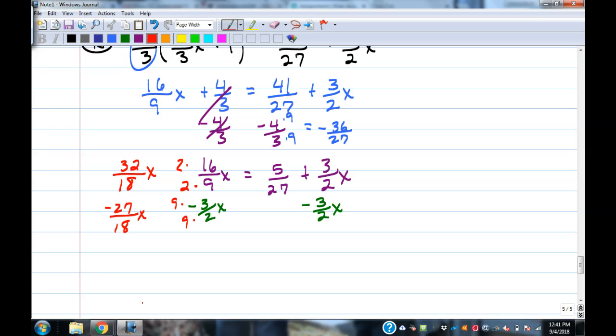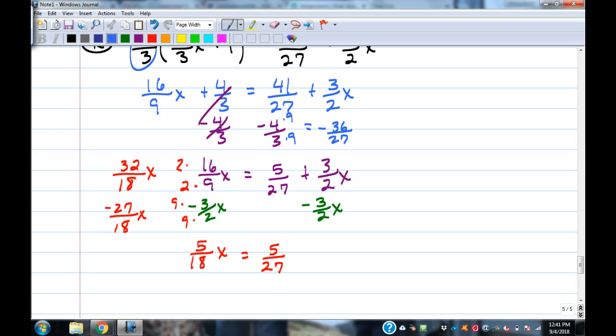So that's the problem that I'm working out. What's 32 minus 27? It's 5. So I end up with 5 over 18x equals 5 over 27.